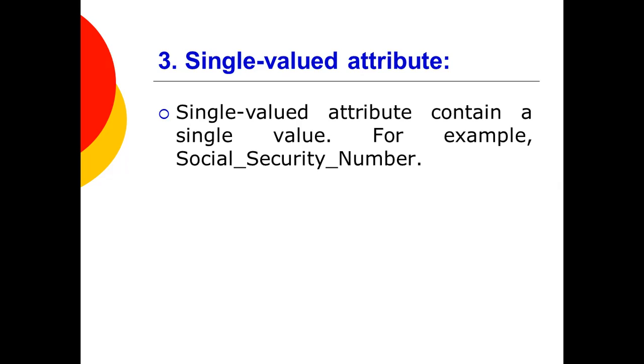We cannot divide the roll number again into different attributes, just like the address we can divide into different attributes. That's why address is called the composite attribute. But a single valued attribute we cannot divide further. So your roll number, similarly enrollment number, similarly social security number, we cannot divide further. These are called single valued attributes.